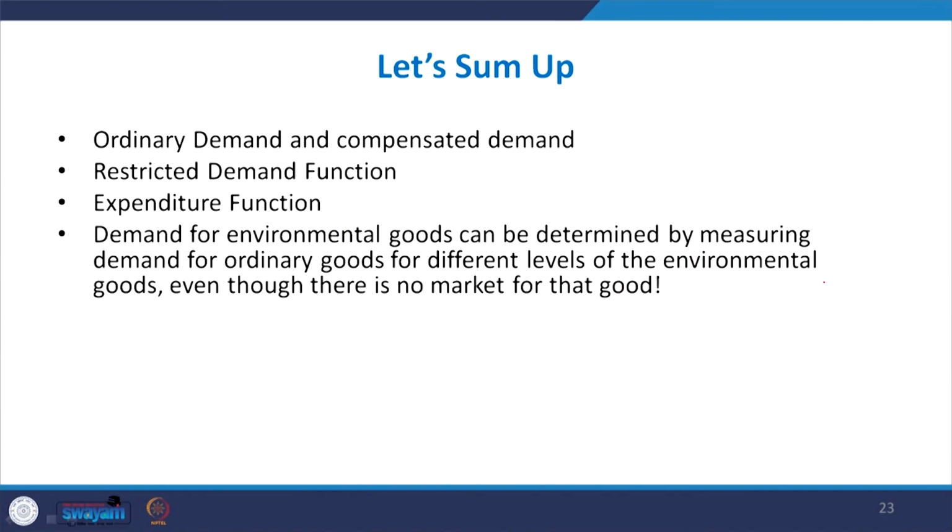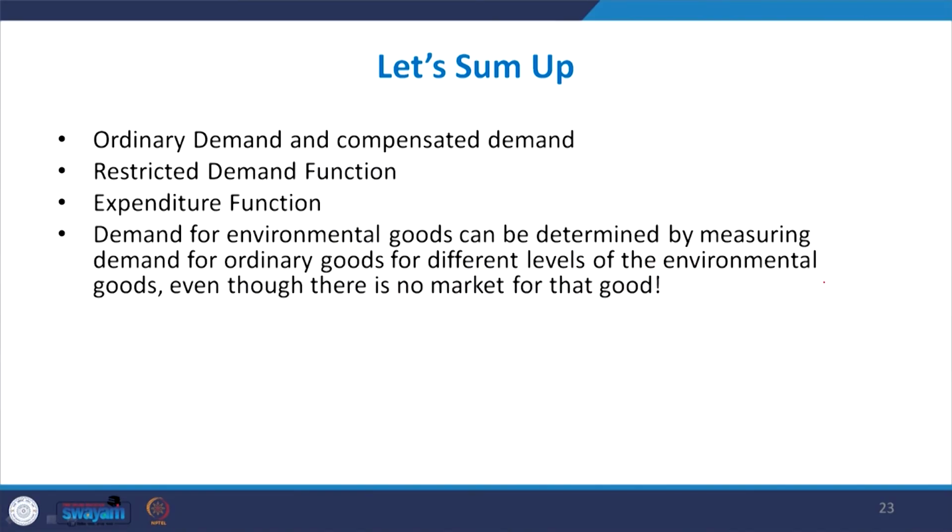So, let me now sum up this topic. What I discussed in this lecture is, first I explained what is ordinary demand and what is compensatory demand.